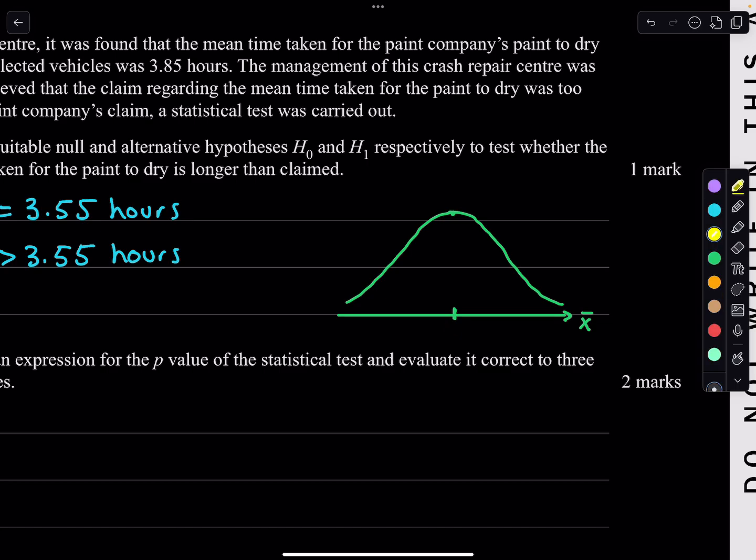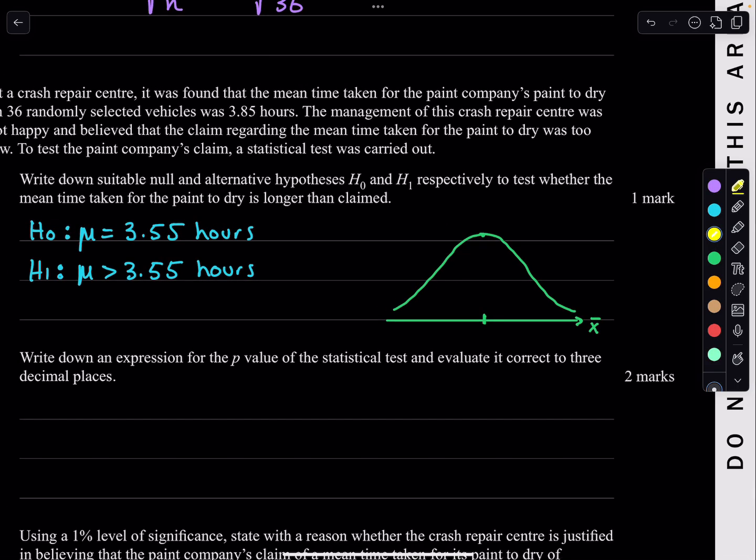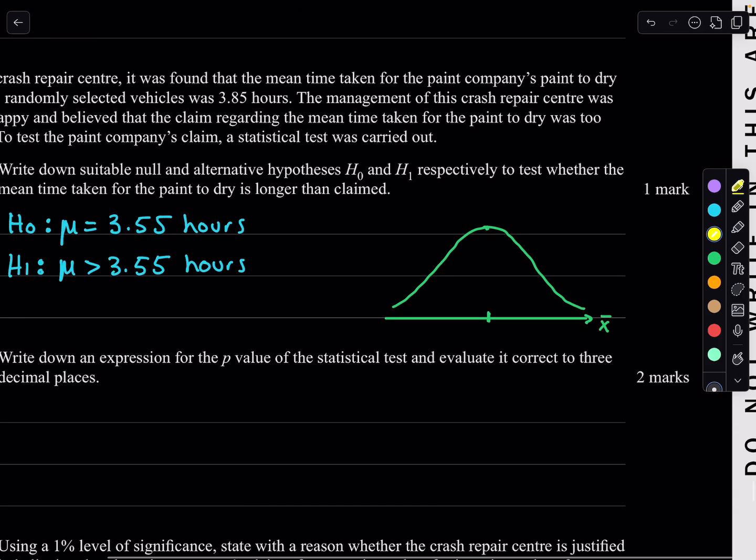By the way, what the p-value represents is assuming that the null hypothesis is true, so that 3.55 hours is here, it's the actual mean. We're trying to find the extreme value where this statement is true, that it's right here, 3.85, this value over here.